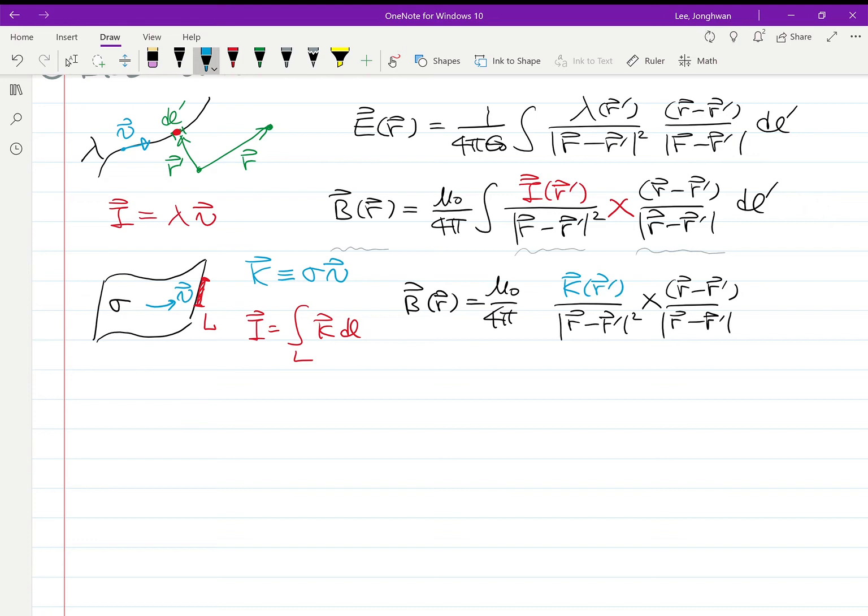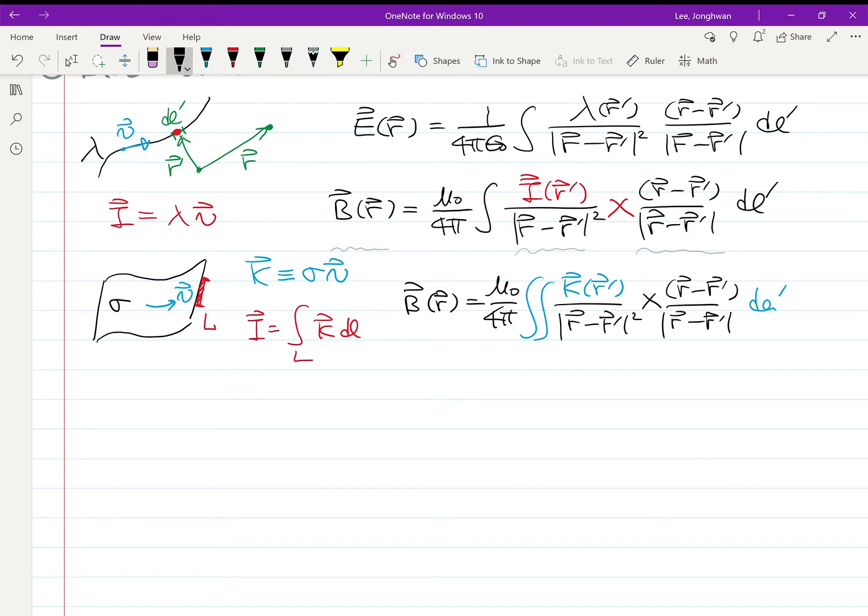And in general, K can be different at different source positions. If you think about the unit, this is an area density, so you need a double integral here, because the surface current density K exists on a surface. So we have to add up all the contributions from the small area pieces. So we need the K area integral here.